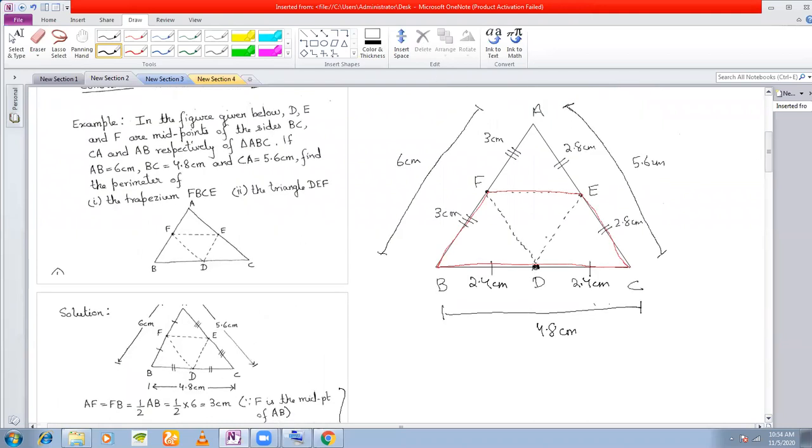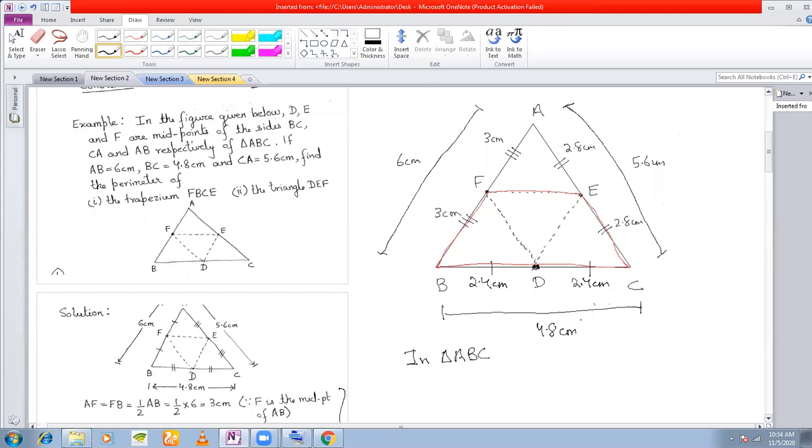If you consider triangle ABC, you see that F and E are midpoints of the sides AB and AC. Are the conditions of the midpoint theorem satisfied? Yes, sir. Yes, it is satisfied because two midpoints are given to you and they are joined by a straight line.